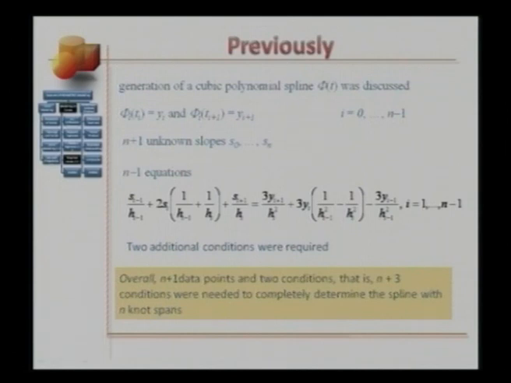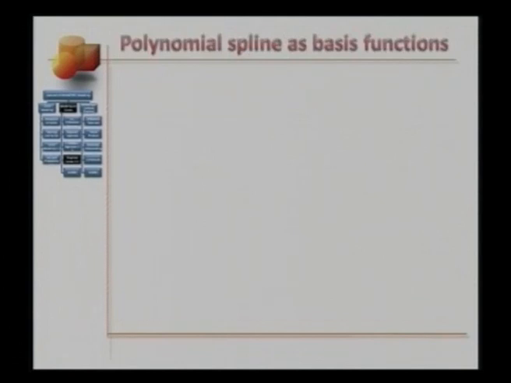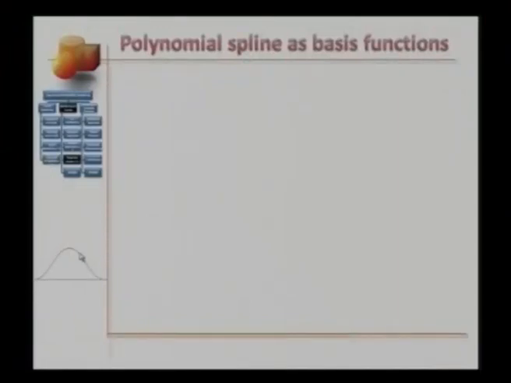You would have observed how intricate or how involved the mathematics was in the previous. What we'll try to do is we'll try to construct a B-spline basis function via a polynomial spline. Essentially, we will try to construct this bell-shaped curve, which we call a B-spline basis function.